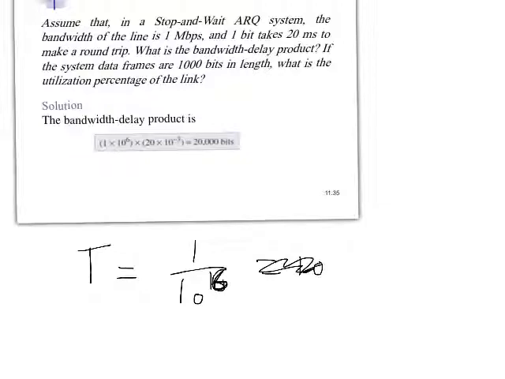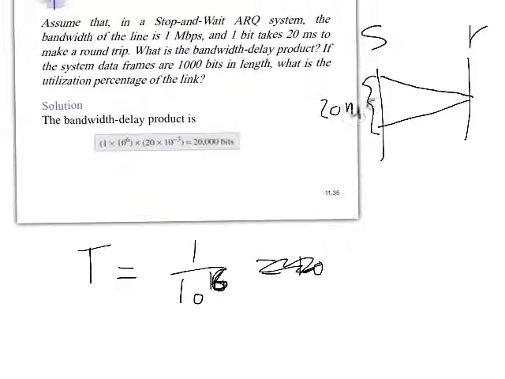So this means that if we have a sender and a receiver, the 20 milliseconds is the time that 1 bit will take to go all the way from the sender to the receiver and come back. Right? So this is the 20 milliseconds.